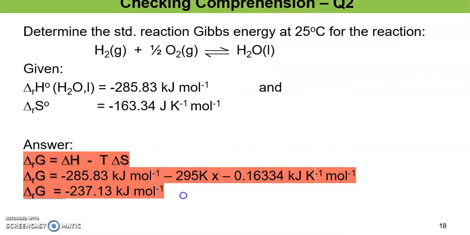So again, to check our comprehension, determine the standard reaction Gibbs energy at 25 degrees centigrade for this reaction. We'll have the reaction of hydrogen gas reacting with oxygen, so we will have water, or H2O.